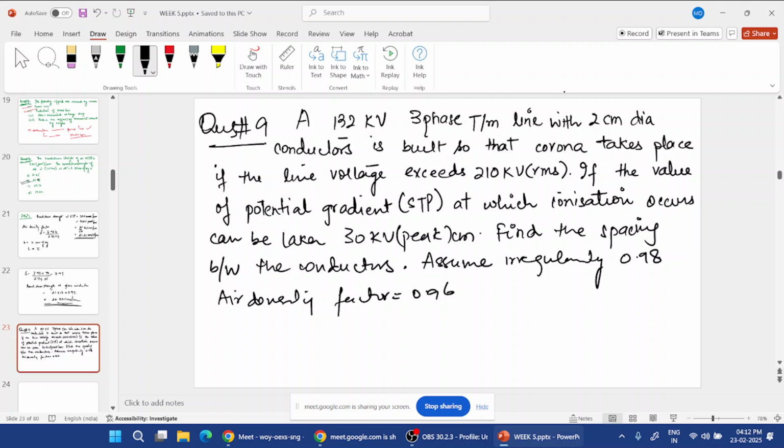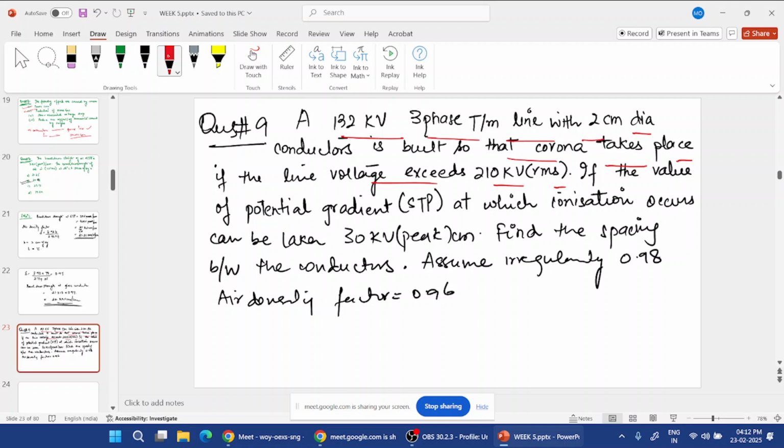Now what happens here is that, what is given here? A 132 kV transmission line is built so that the corona takes place if the line voltage exceeds 210 kV RMS. Okay, listen carefully.